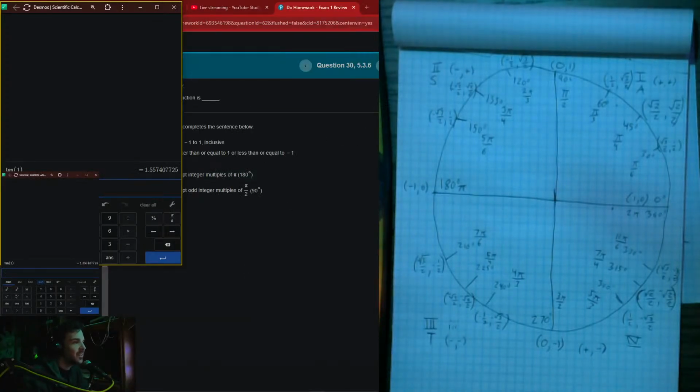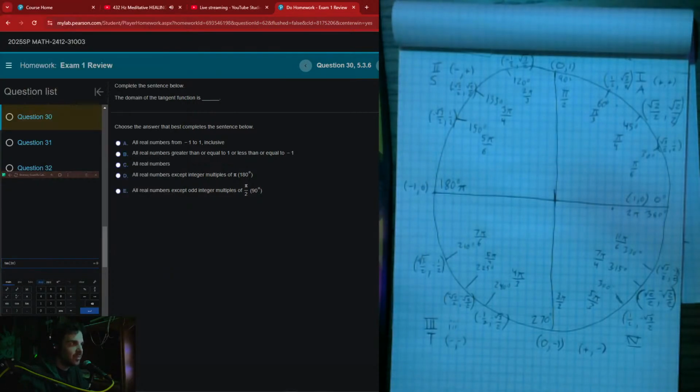Either way, we figured out this is correct, so 2 pi is 0. That's where it starts over, at 2 pi.